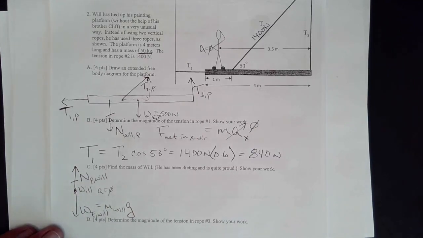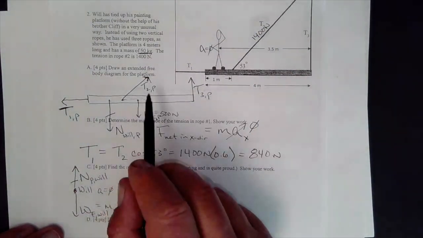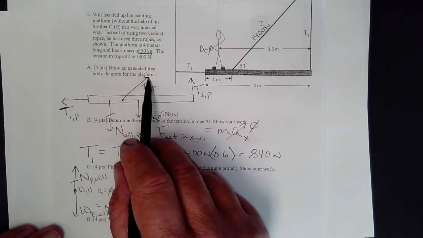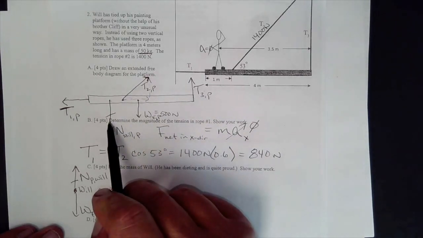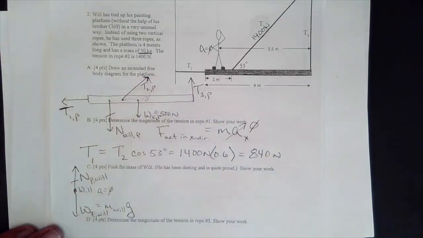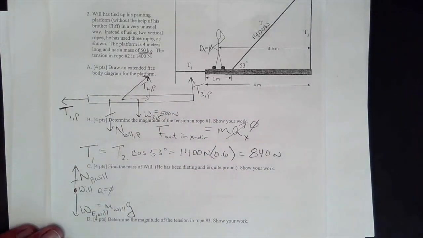we might want to think about, well, do I balance all the upward force with all the downward force? Well, I can figure out the upward force due to T2 using my trig, but I don't know the tension in rope 3, and I don't know this push by Will. I've got two unknowns, and so I need to get rid of one of those unknowns.